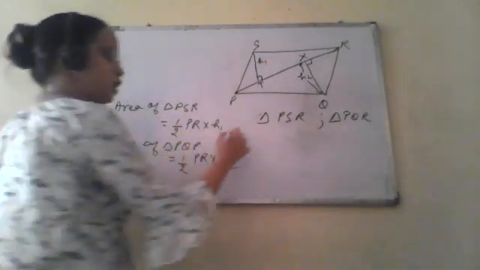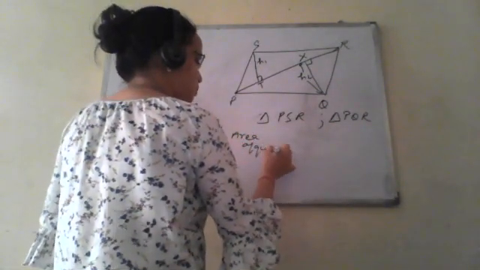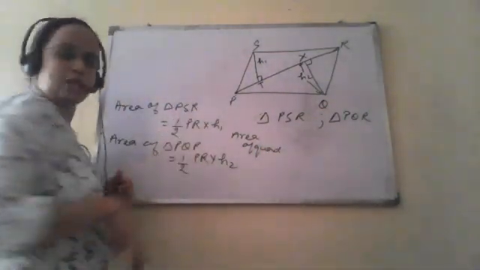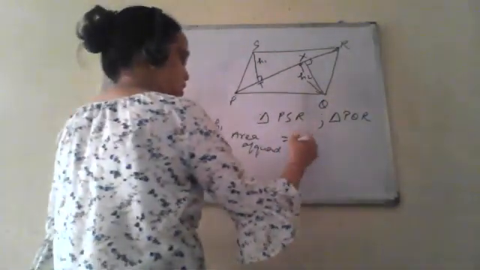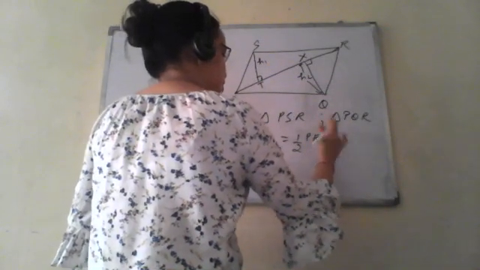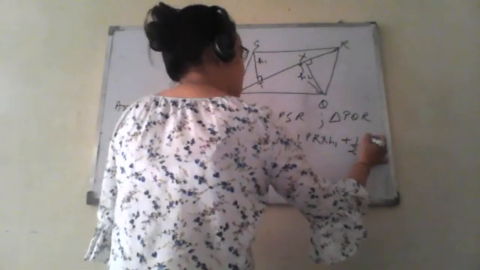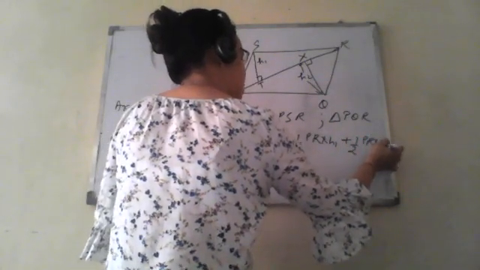Now the area of the quadrilateral will be the sum of these two triangles, half PR into H1 plus half PR into H2.